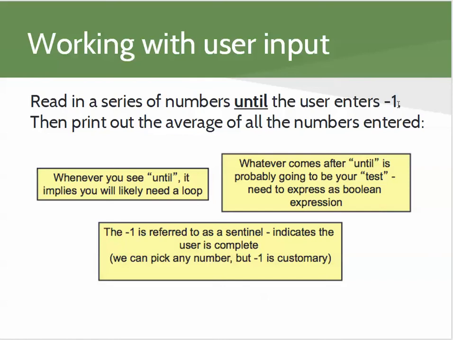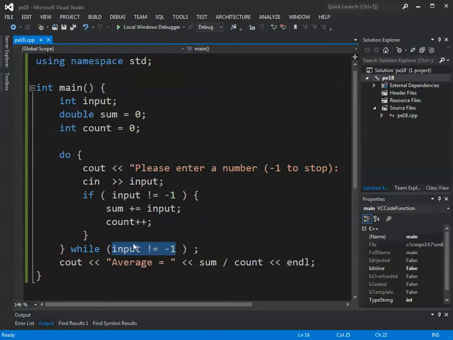The while loop itself really needs the condition to keep going. And that's a really important distinction. Sometimes the challenge of taking a word problem that uses the word until is really just flipping that logic. It's not until input equals -1, it's while input not equal to -1. And that's just a limitation of C++. There is no until construct, there's only a while construct. In other languages, Ruby for instance, you actually have the construct until or unless that will allow you to do something like that.